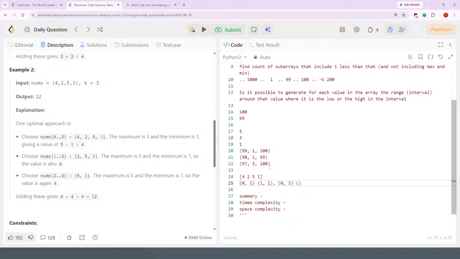And 1 would only be from index 3 to 3. So 4 is the biggest number from 0 up to 1. 2 is the biggest number just for 1 to 1. 5 is the biggest number for everything. And 1 is just the biggest number from 3 to 3. So how would I generate that?